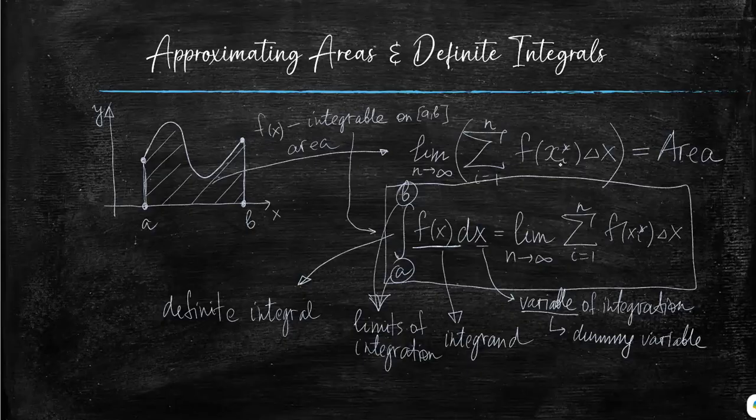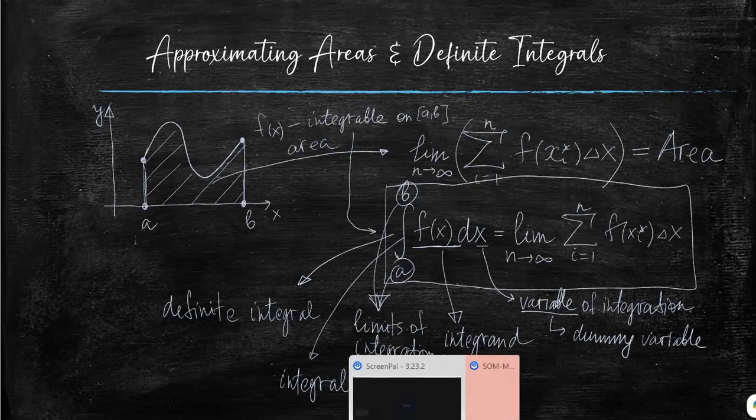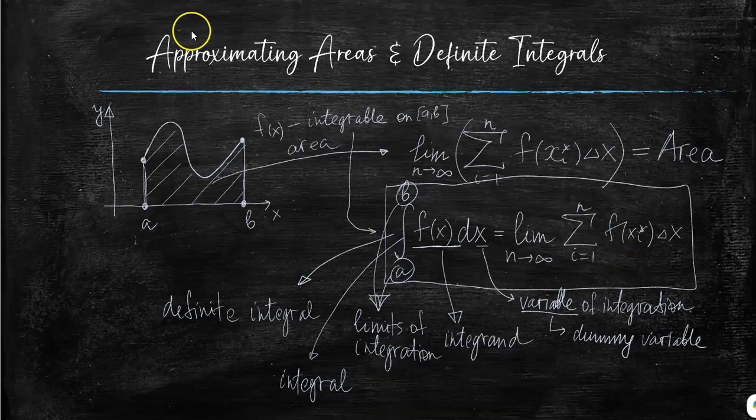So technically that variable doesn't really serve the purpose of a variable. What else are we missing here? This is, as before, called the integral sign. And that's it. So this is what we call the definite integral.